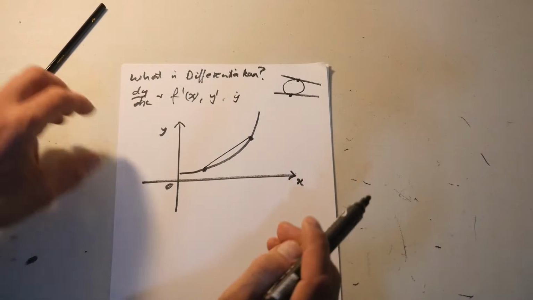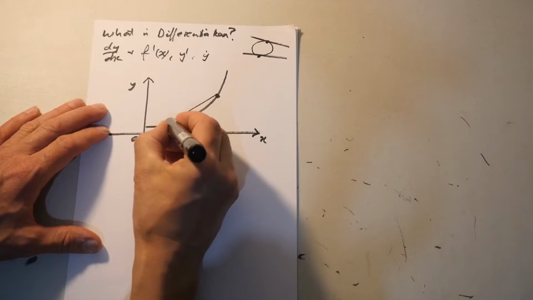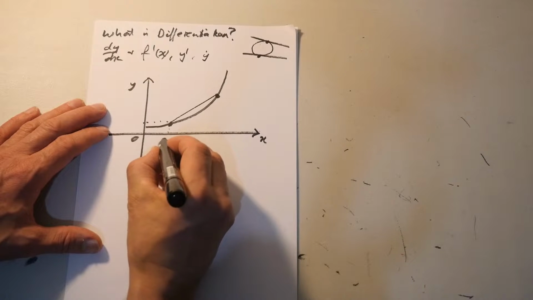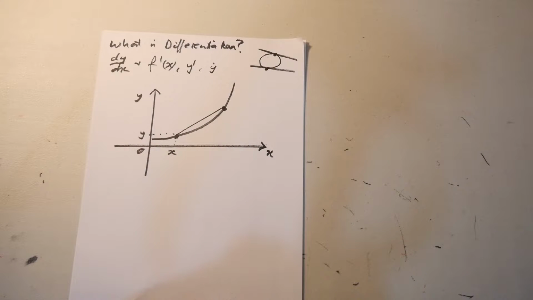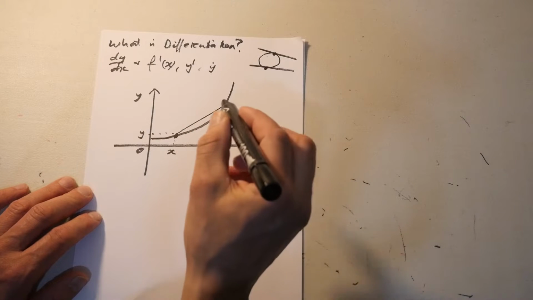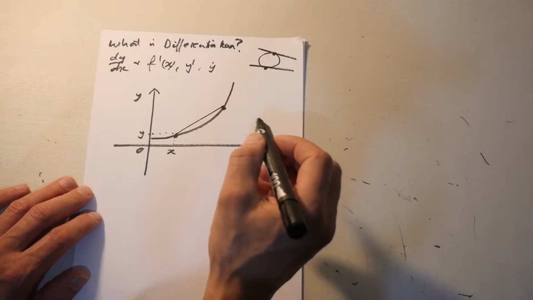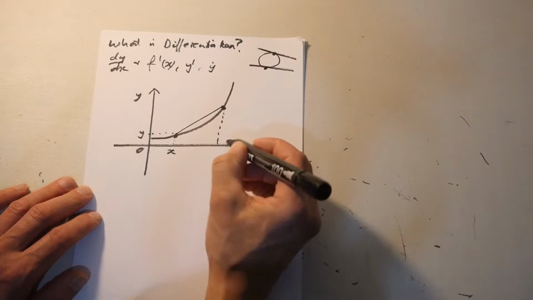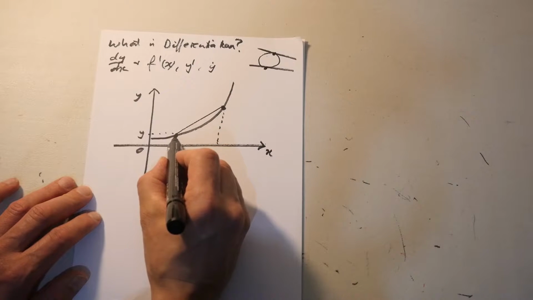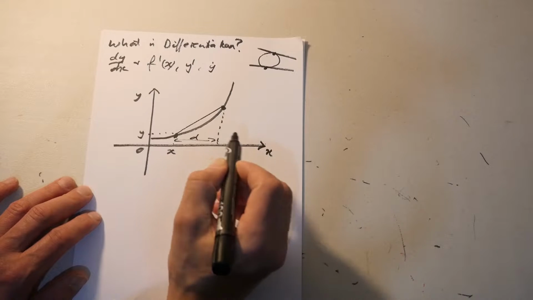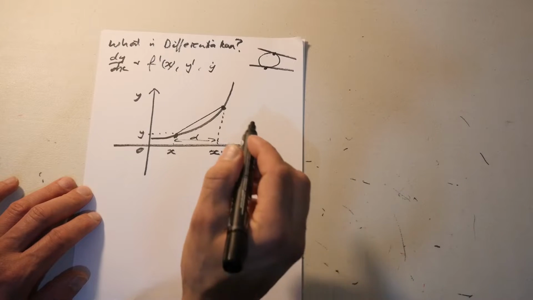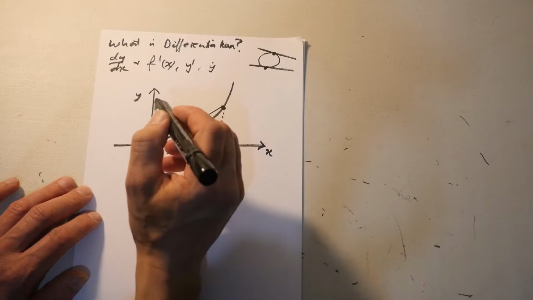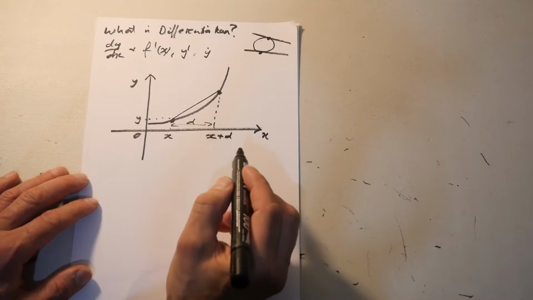So x, y, and then that distance there is d, so that's x plus d, and that's y.